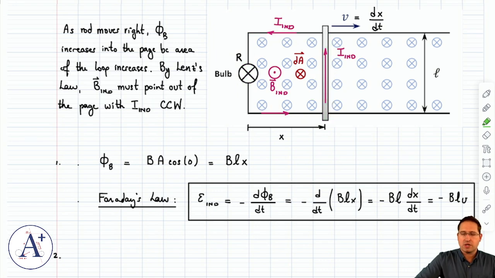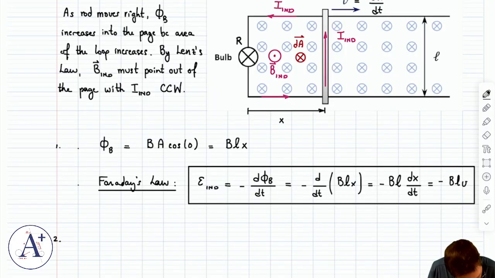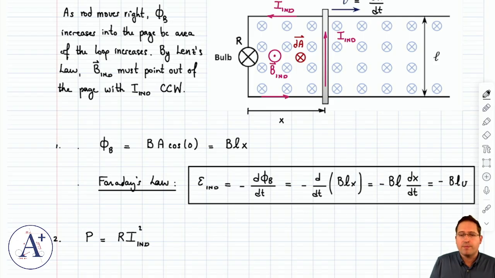That drives I induced counterclockwise. And the power dissipated by the light bulb is going to be R times I induced squared by definition. So I'm going to say that P is R times I induced squared.